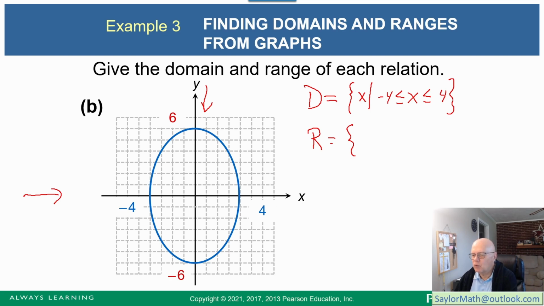Well, the first one we're actually using is a -6. So we've got the set of all y such that -6 is less than or equal to y. Notice -6 will be included here, so use that equals. And less than or equal to, how high does it go? 6, no higher. Those give you your domain and range.